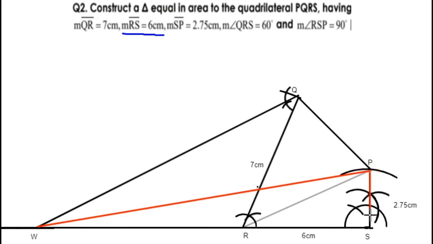And that WSP is the required triangle whose area is equal to the area of the quadrilateral PQRS.